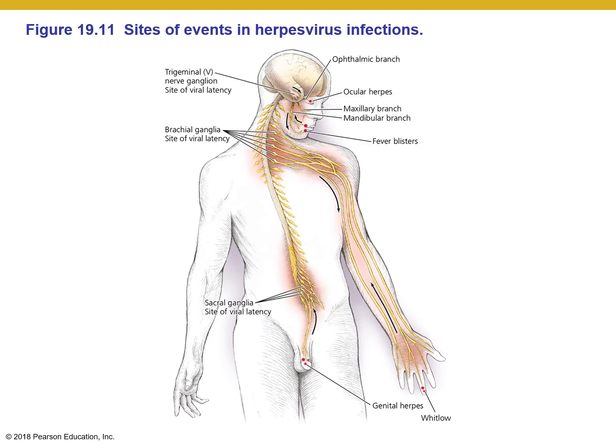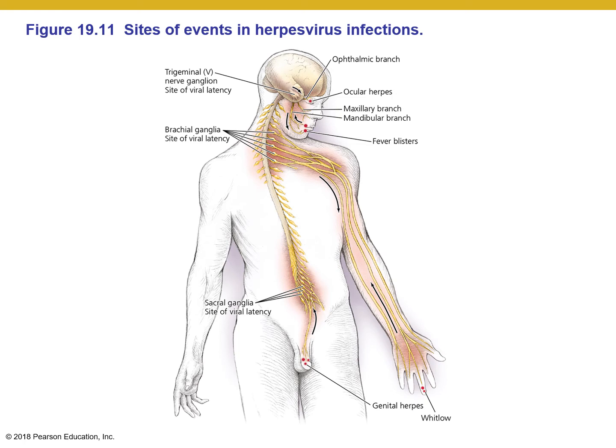It can lie inactive in the nervous system for days, weeks, months, years. But where the virus winds up in your nervous system tells you a lot about where you're going to see it expressed.